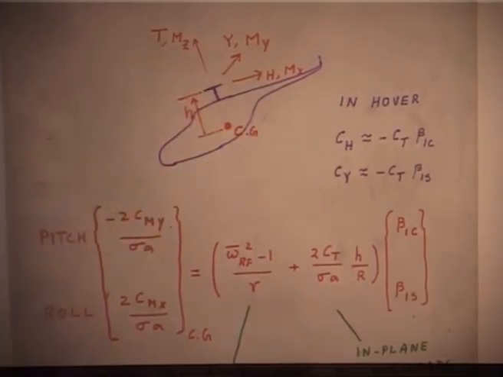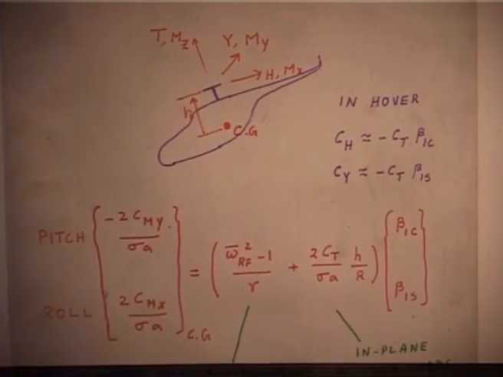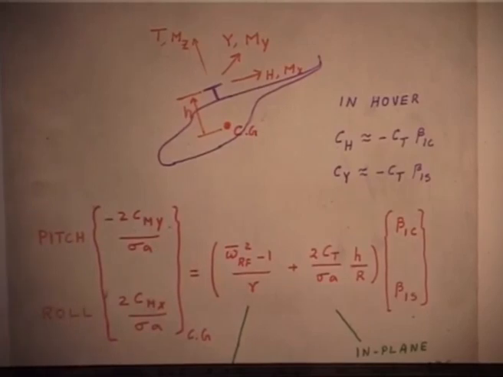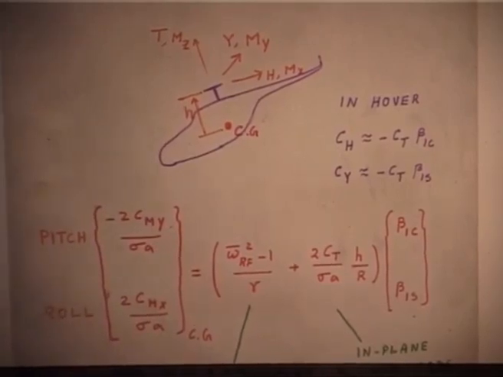But this particular thing which I have written here in hover, it is very interesting. In hover, we can reduce it, but we make assumptions again, a lot of assumptions are made. In hover, what is my longitudinal force coefficient CH, because we got that expression last time, that long one which I gave you on that sheet.